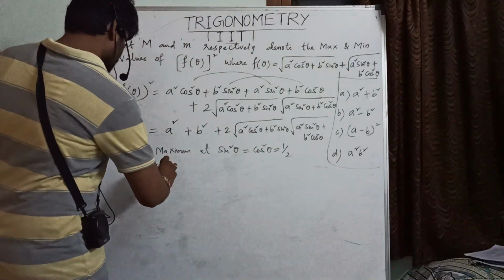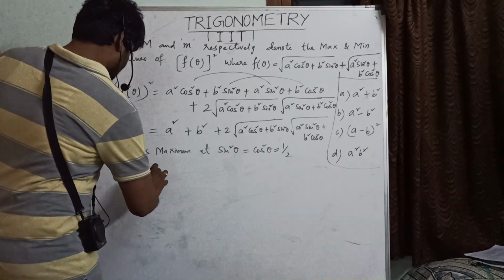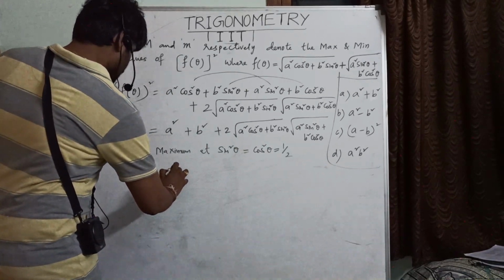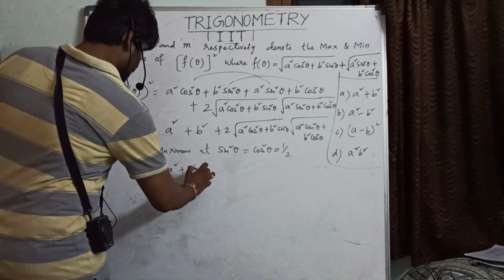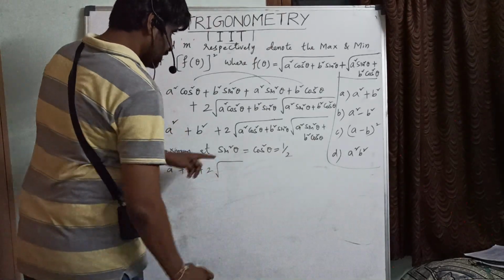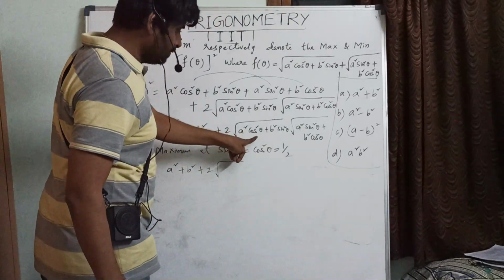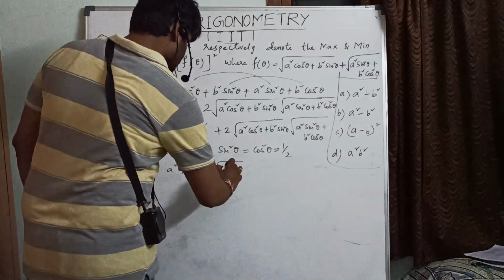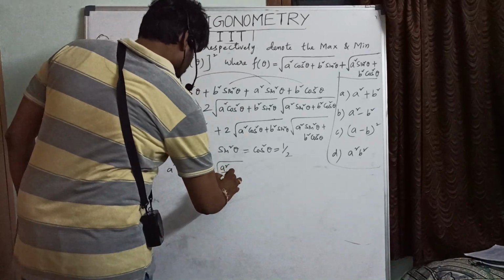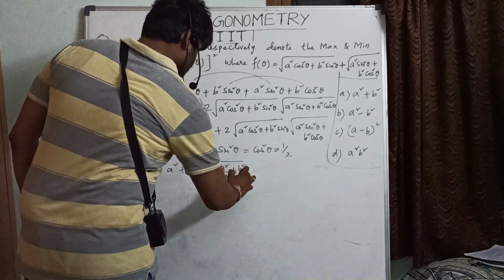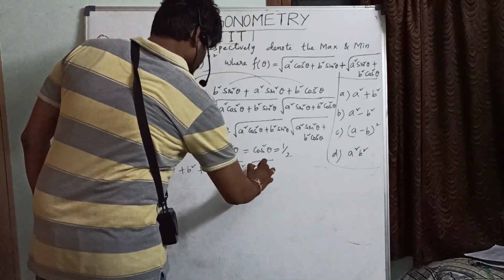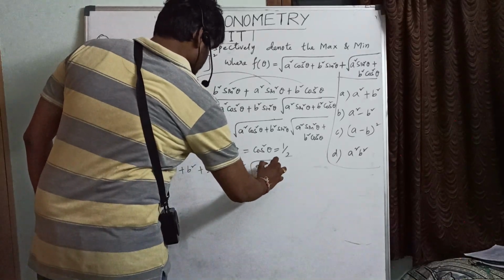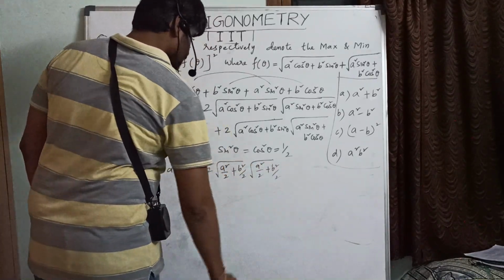What will you get? Maximum value capital M equals a square plus b square plus 2 root, here a square into 1 by 2 plus b square into 1 by 2. So a square by 2 plus b square by 2. Similarly, here also a square by 2 plus b square by 2. Clear?